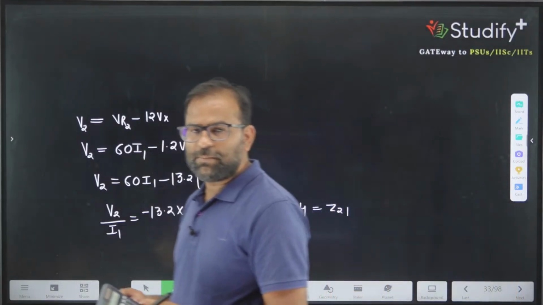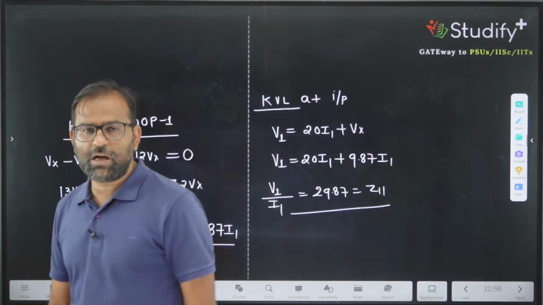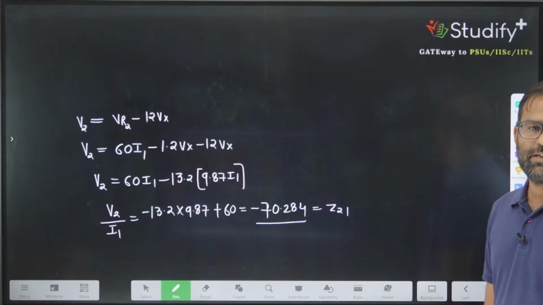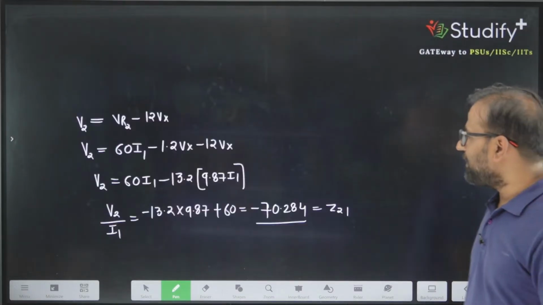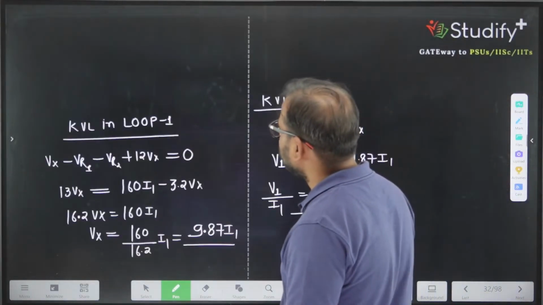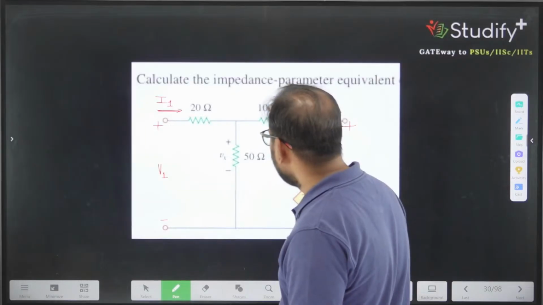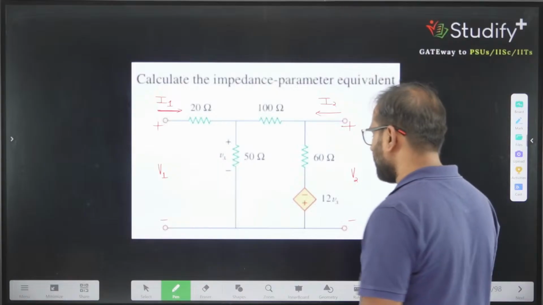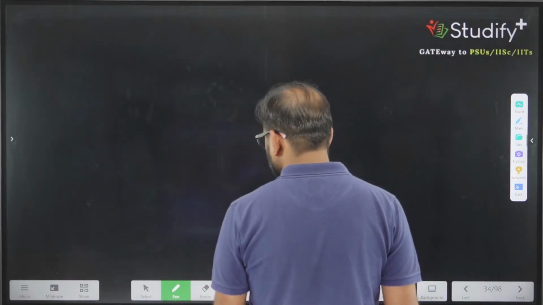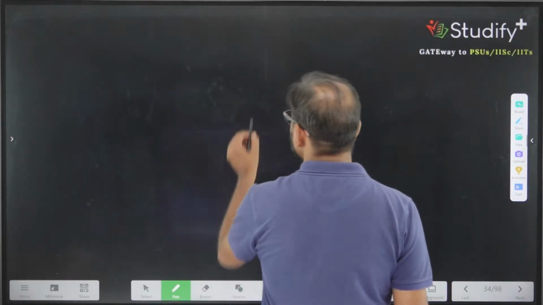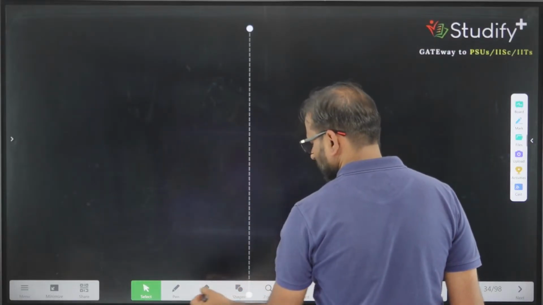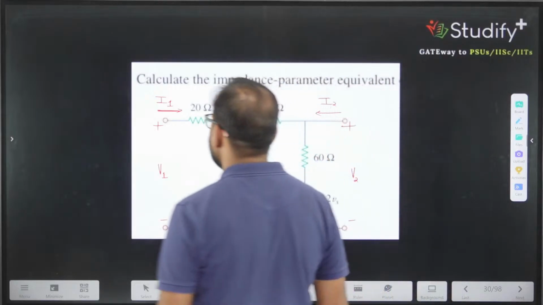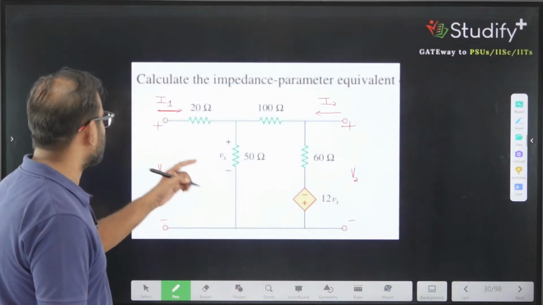We can calculate the remaining parameters also. How will we calculate them? The remaining parameters can be calculated by making I1 equal to 0. So what if I make I1 equal to 0? Let me redraw the network again. We have 20, 50 and 100.